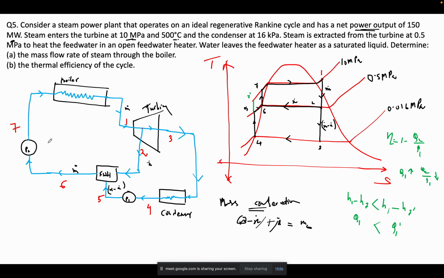Okay, now we need to find out the mass flow rate of the steam to the boiler. We have got all the enthalpy values. Okay, how will we calculate the mass flow rate? We know that the net power output is given to us. Okay, and what will be the net power output?